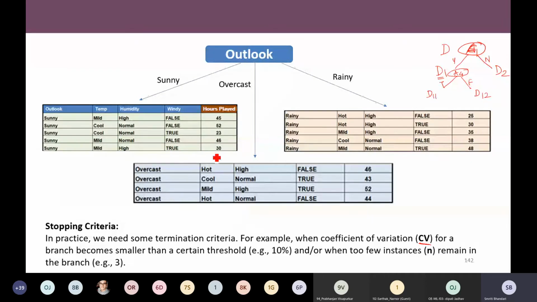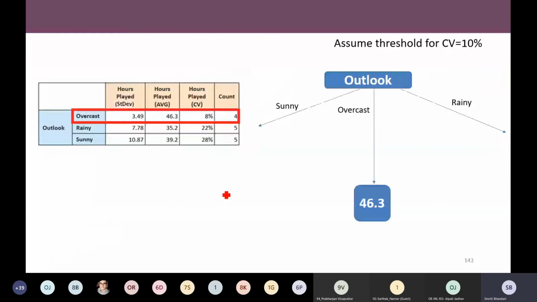Now let us see how we proceed to expand this decision tree further. For every branch we now have subsets of the original data set. Let us assume that the coefficient of variation threshold is 10%.